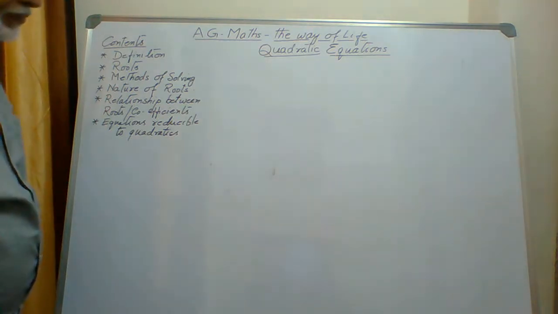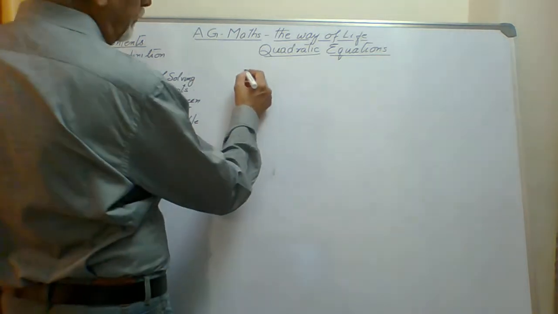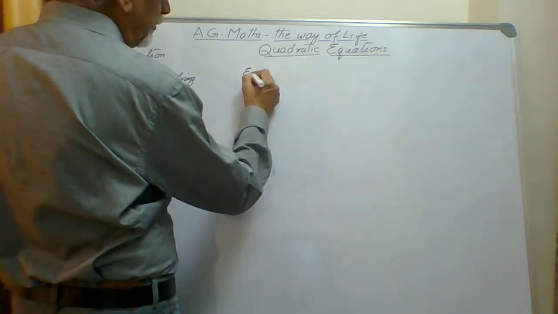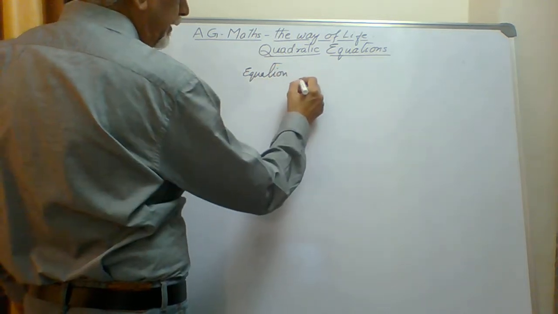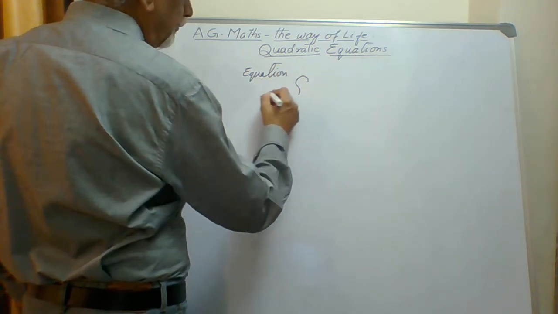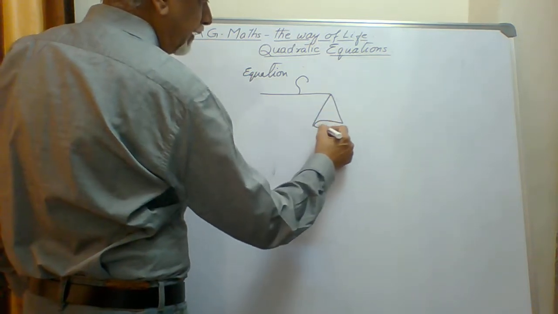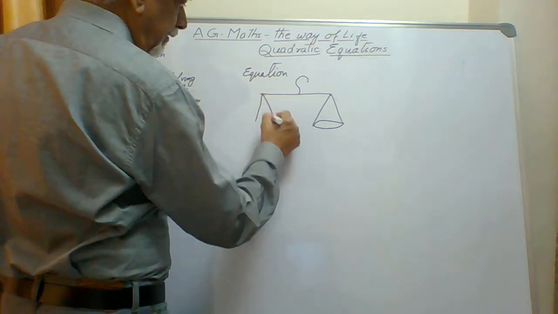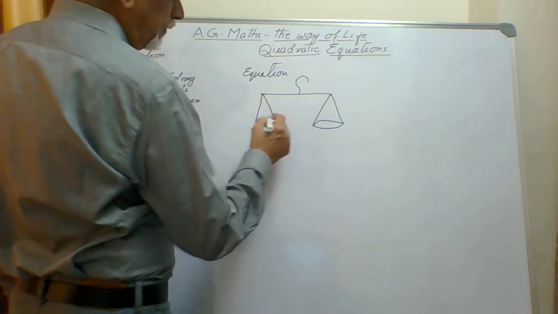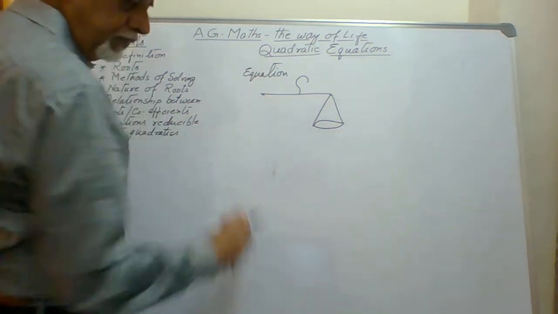Now to start with, what is the definition of a quadratic equation? I tell you, what is an equation, you know? An equation is equating some unknown with some known thing. Suppose we have a physical balance like this, and you have some unknown elements put on the left hand side of this pan.